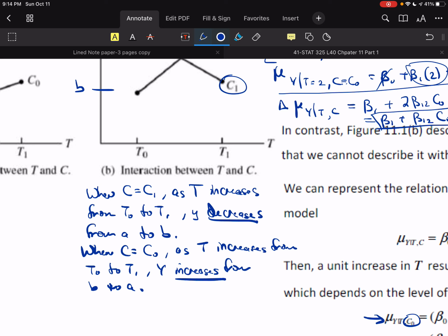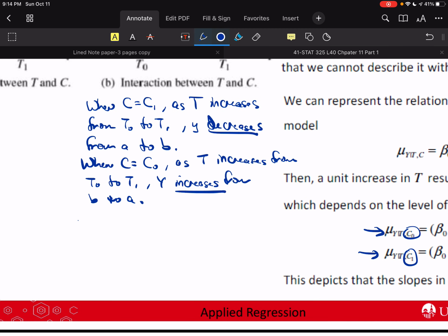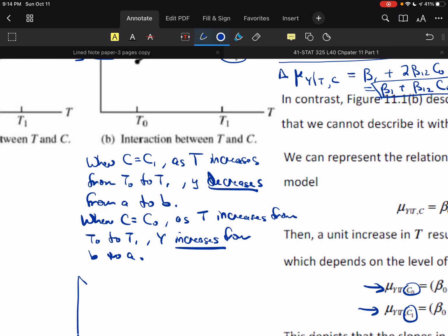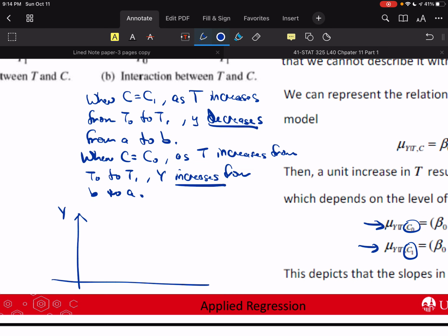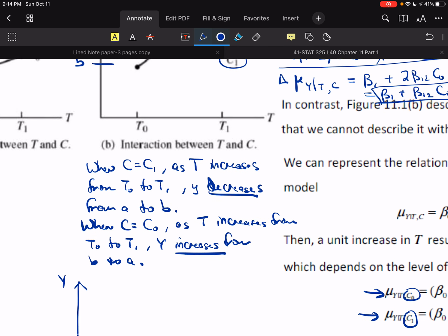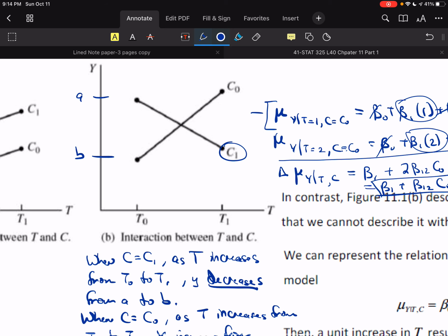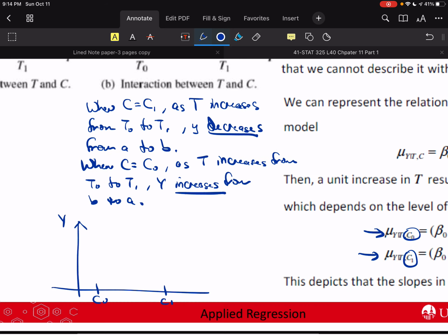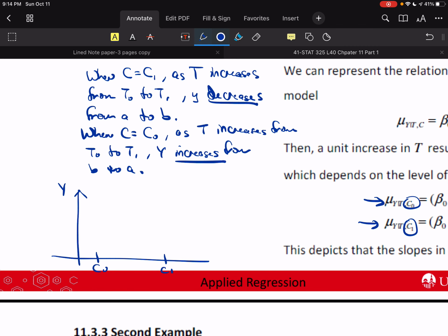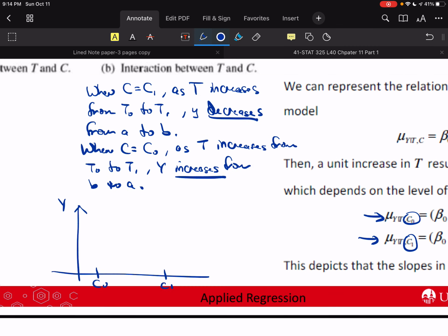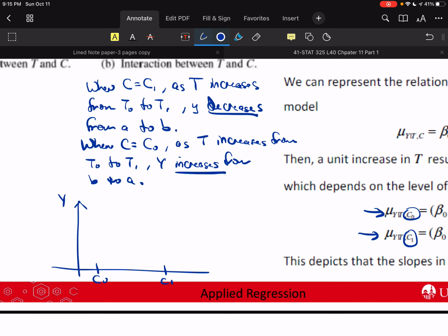So we cannot talk about t by itself. We cannot talk about c by itself. There's an interaction. We must talk about both of them. Now, I could reverse the graph. And I could say this is y still, but now I've got c0 and c1. And for c0, I'm going to increase t0 to t1.